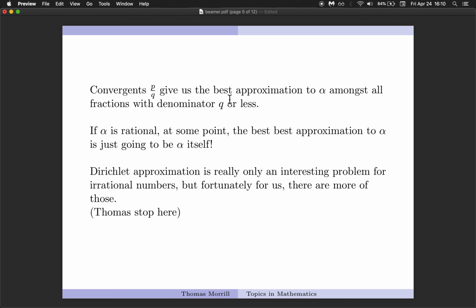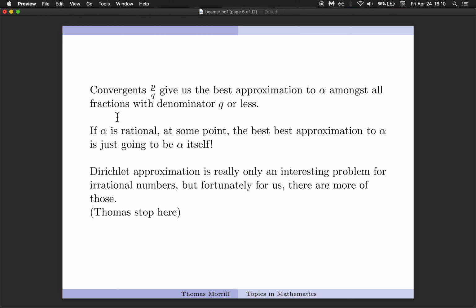So if alpha is irrational, cool, that's great. But if alpha is a rational number, alpha itself has a numerator and a denominator. So when you get to the point that you're looking at denominators greater than the denominator of alpha, if I'm thinking about a q which is greater than s, as I called it in the last slide, then the best approximation to alpha is just going to be alpha.